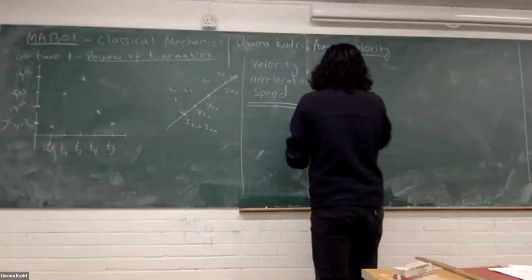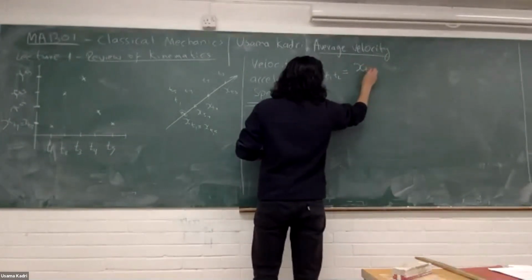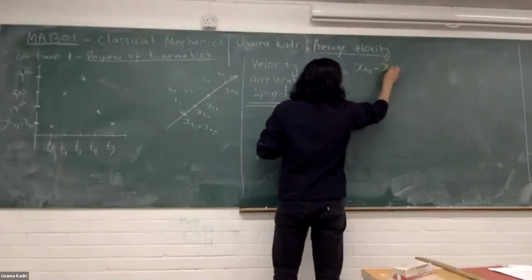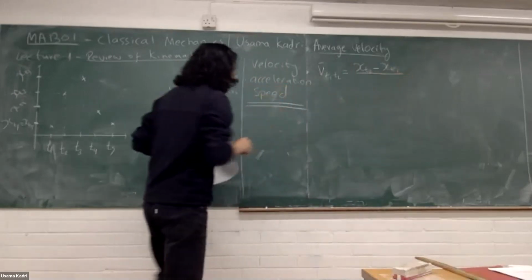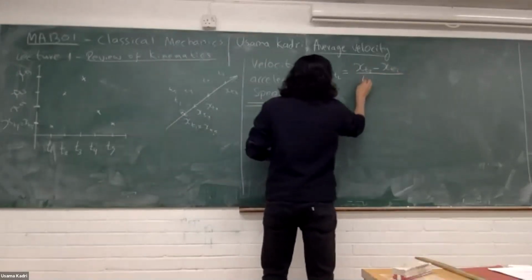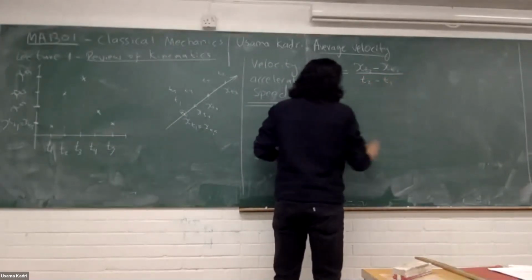So I can write x of t2 minus x of t1, this is the distance, divided by t2 minus t1.